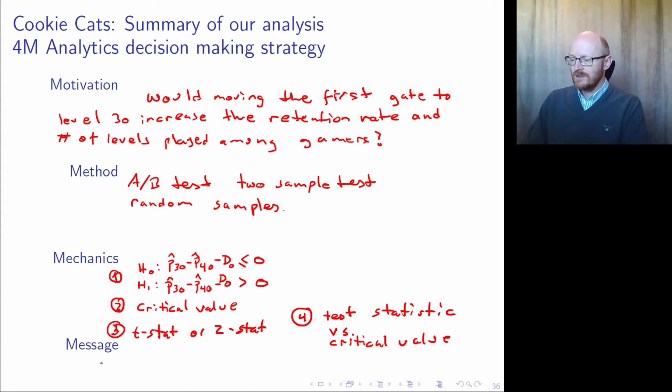So the message from our Cookie Cats example is that we could not tell if there was a difference in means because the sample size condition did not hold, and that was for means.